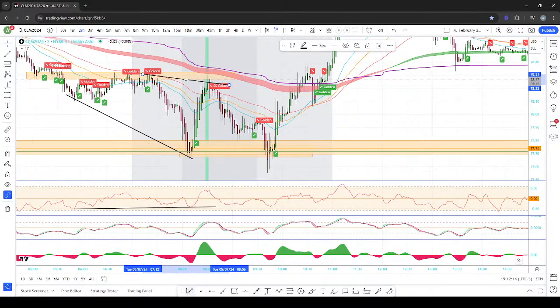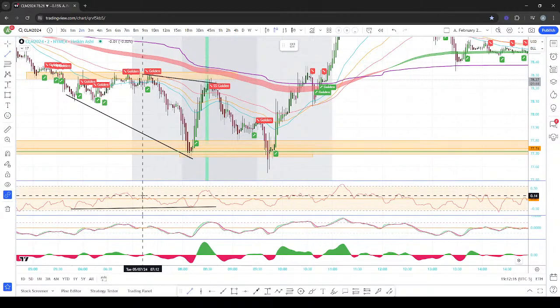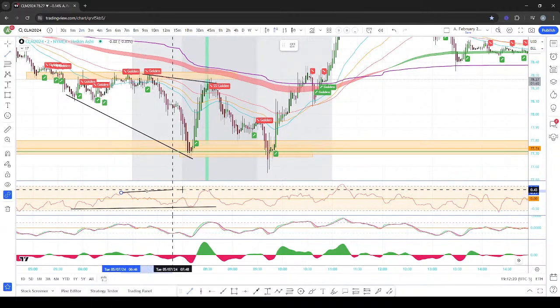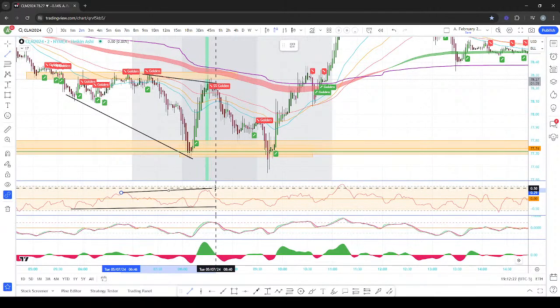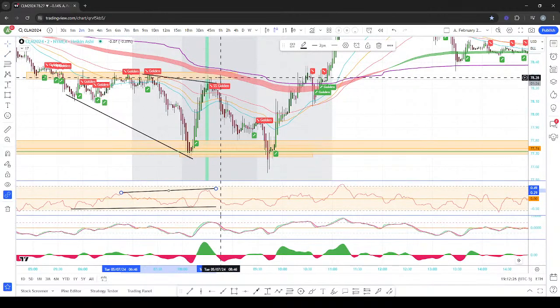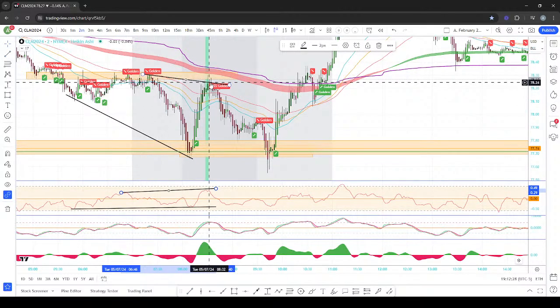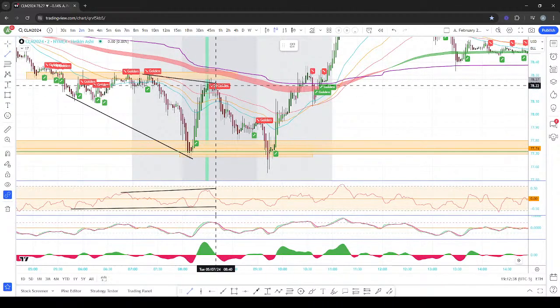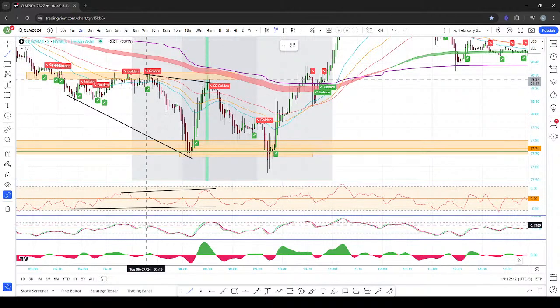So what's happening right here, you can see, in this little area or in this peak, you can see the oscillator giving me a higher high, where price right here is giving me a lower high right in here. And that alone just lets me take the trade after I see the signal right in here.